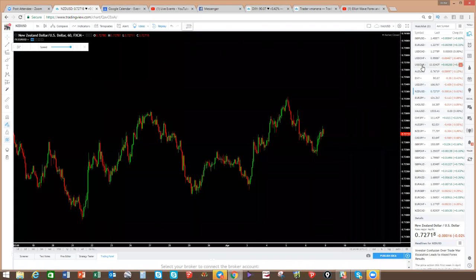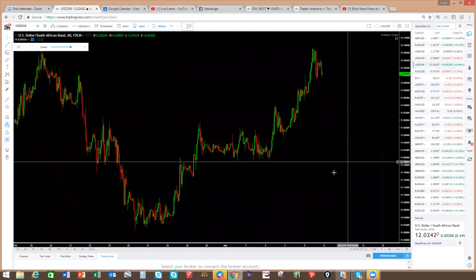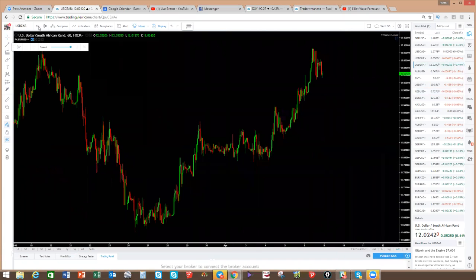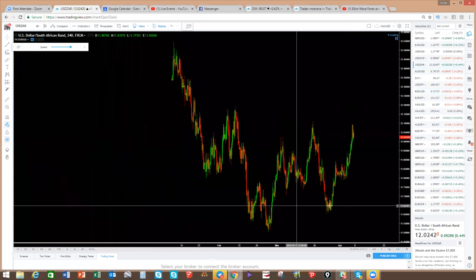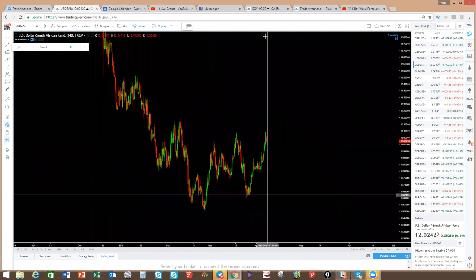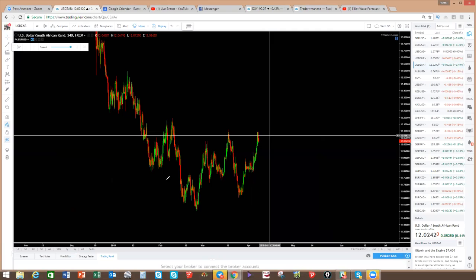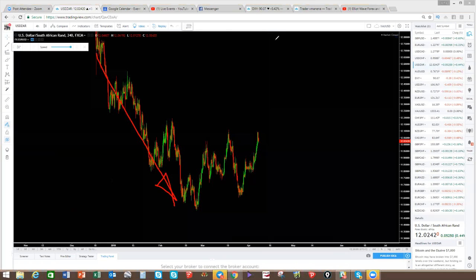Let's do US dollar ZAR. US dollar ZAR, this is how we looked at it last week, a couple of weeks back. Looked at this as an impulsive move down, and we're looking at this as an impulse, and this in the middle as an expanding flat.